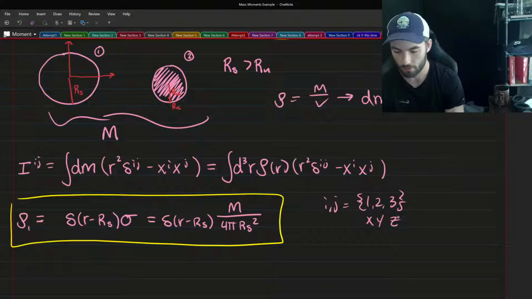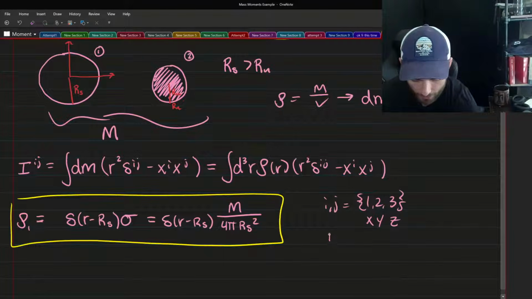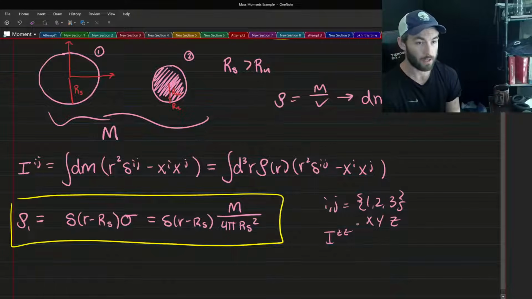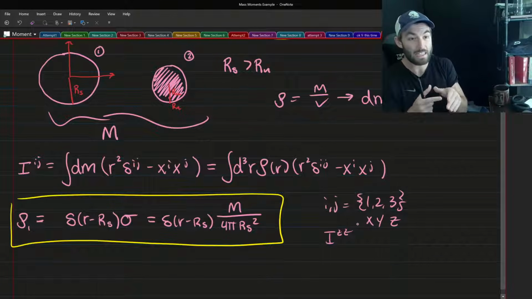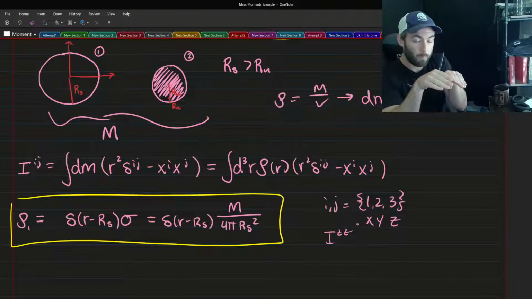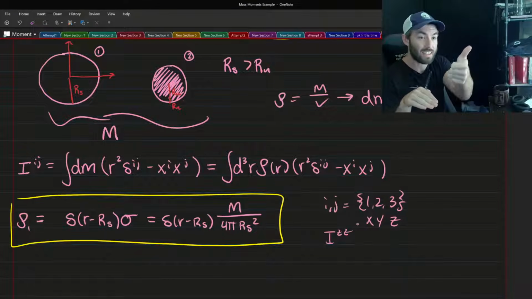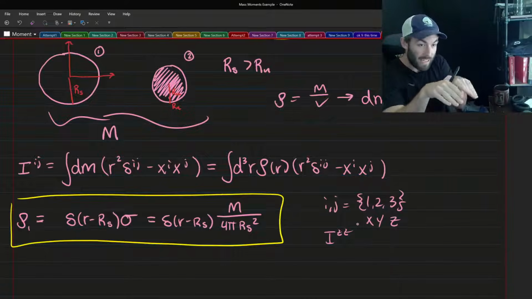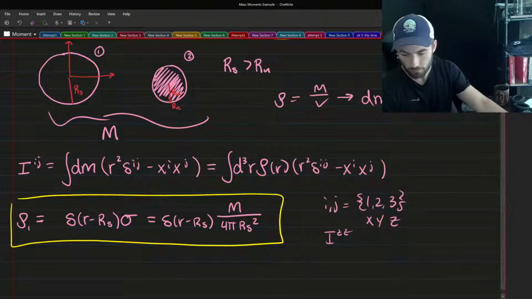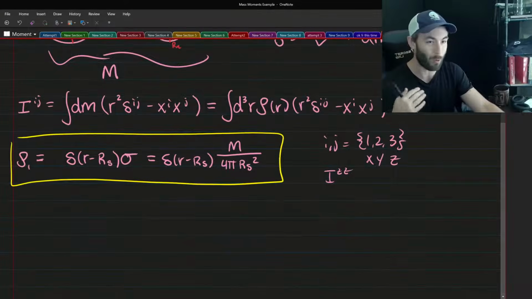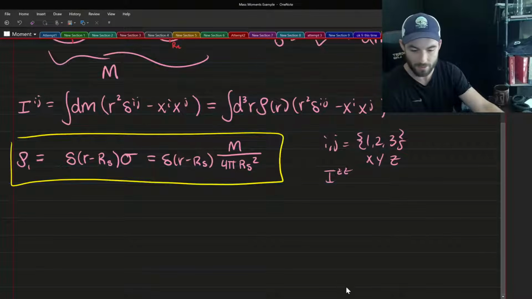So if I write something like I_zz, that's talking about the z component of the inertia tensor, which is saying it's the moment of inertia, it's how much the mass is spread out relative to the z-axis, so in the xy plane. That's how you would interpret that. Go watch my video that I made last week on moments of inertia of mass distributions.